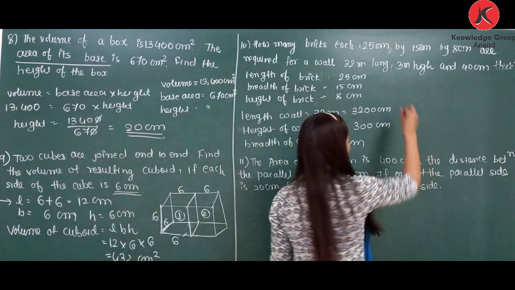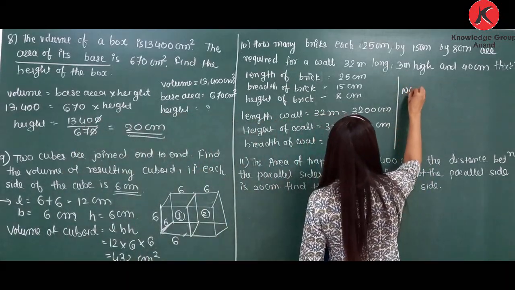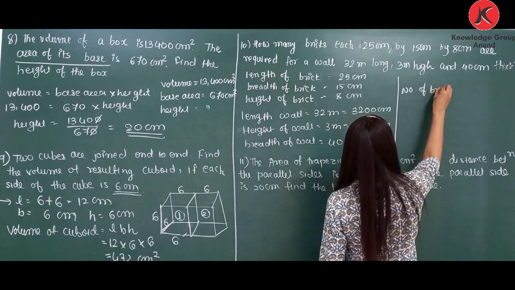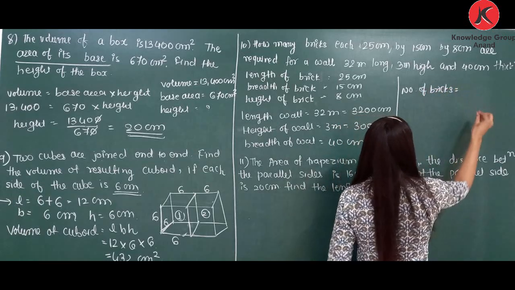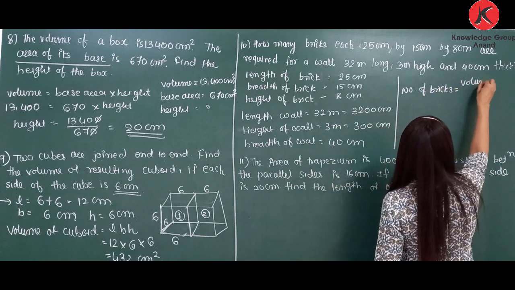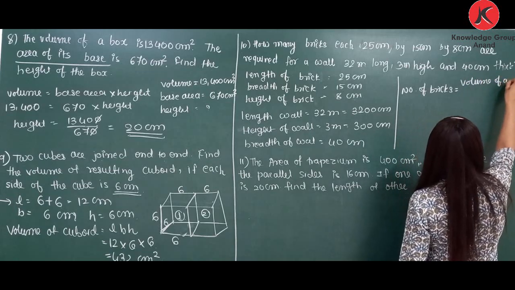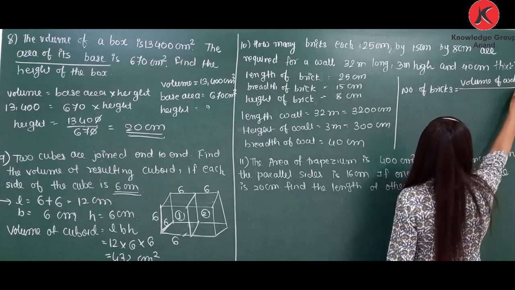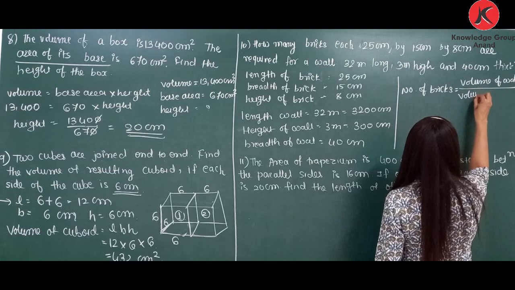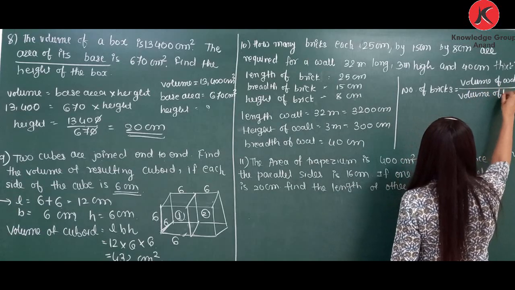So the number of bricks we can find is equal to volume of wall divided by volume of brick.